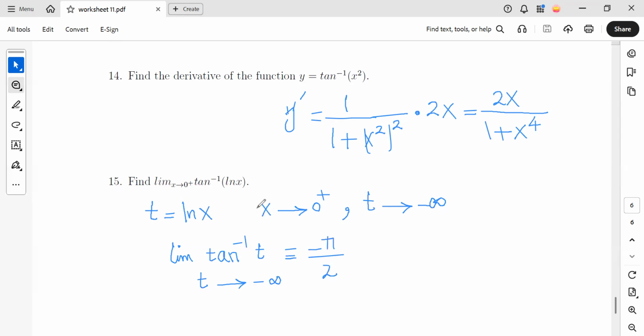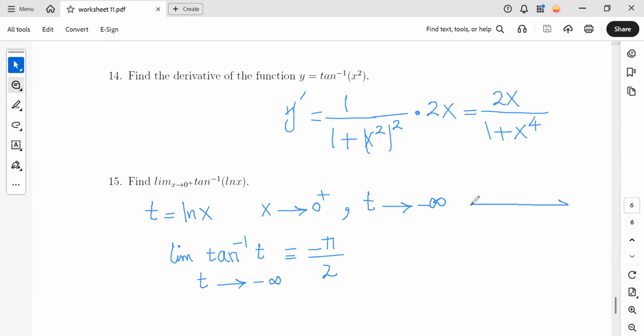Okay, when x is approaching 0, sorry for that. When x is approaching 0 from the right side, it means that ln of x when x is approaching 0 from the right side.